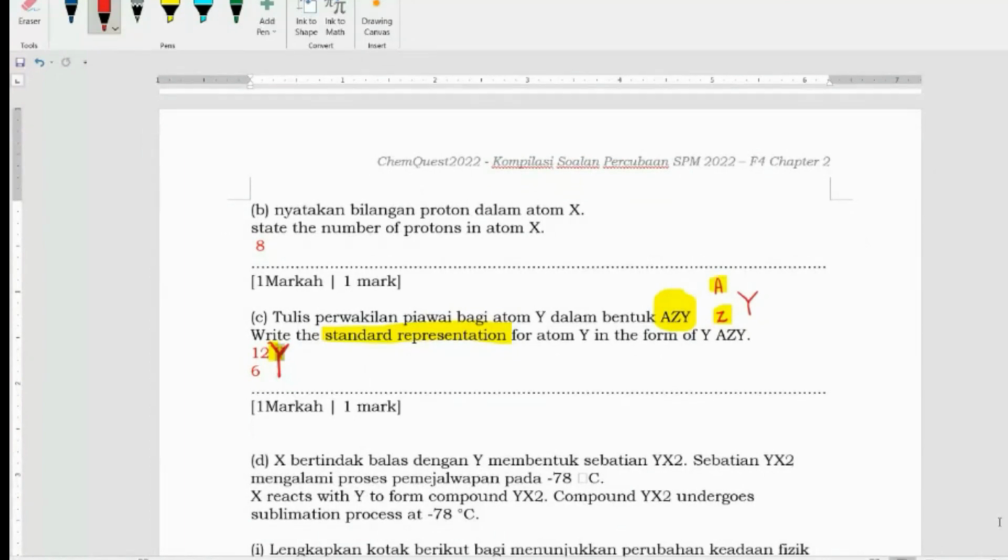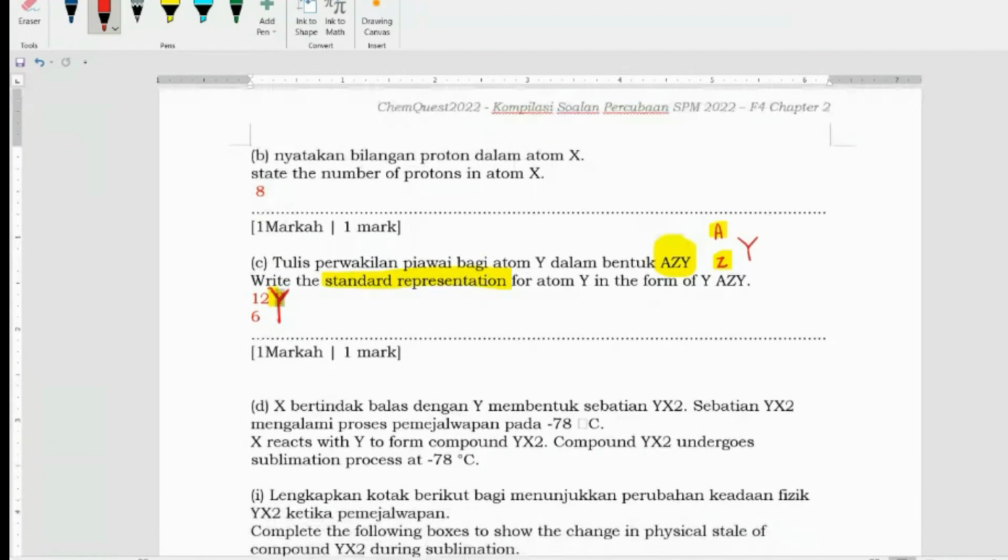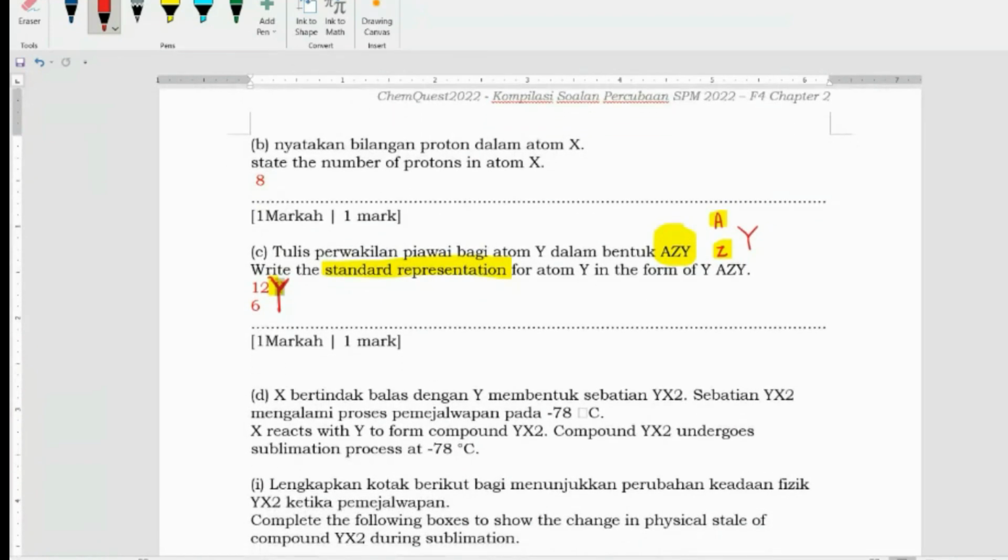Okay, D. Gabriel, can you read this question? D. X reacts with Y to form compound YX2. Compound YX2 undergoes sublimation process at -78 degrees Celsius. Complete the following boxes to show the change in physical state of compound YX2 during sublimation. Okay.